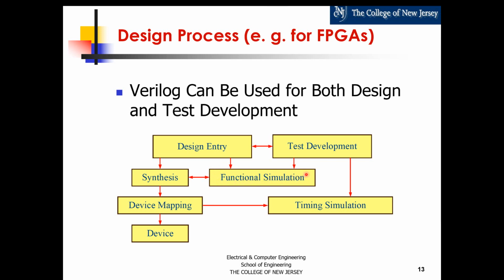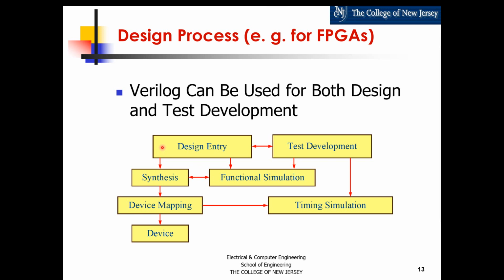Once you simulate and verify that your design is functional, that you have no bugs, you will synthesize it. At that point, with other constraints, another part of the design entry is to have constraints for the synthesis. You could tell the synthesis, this is my functional description of the design, but I want it to run at this speed. Or I want it to have no more than a certain area or a certain level of complexity.